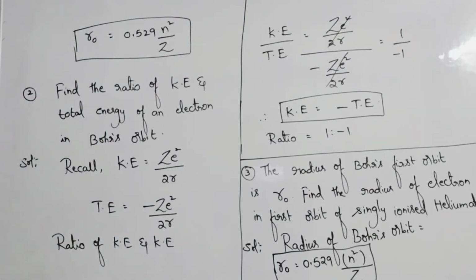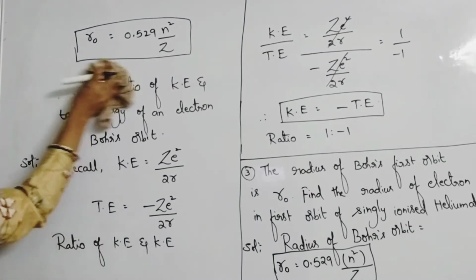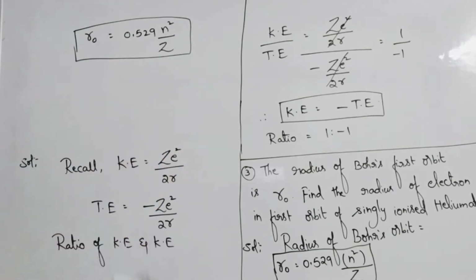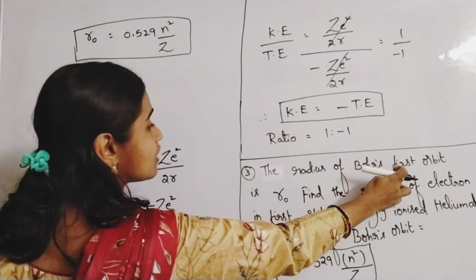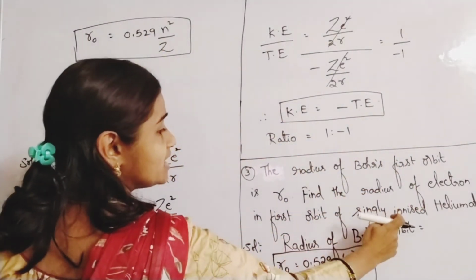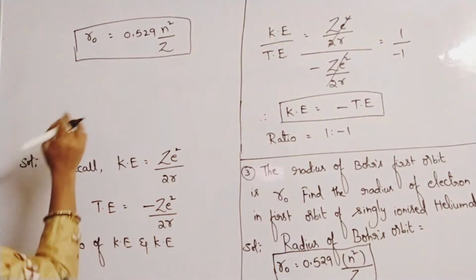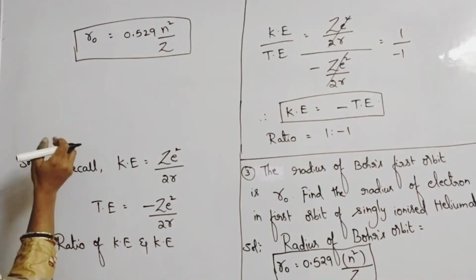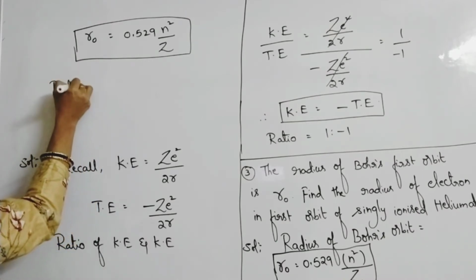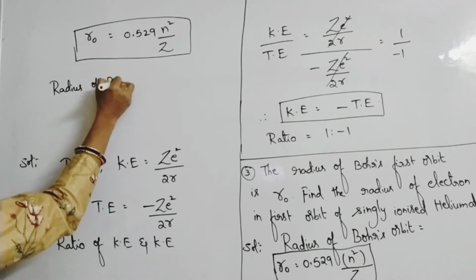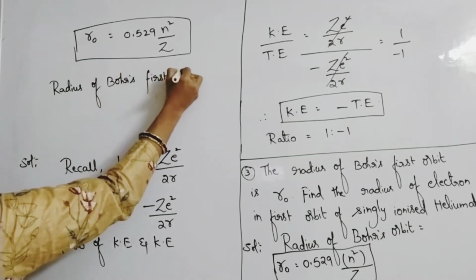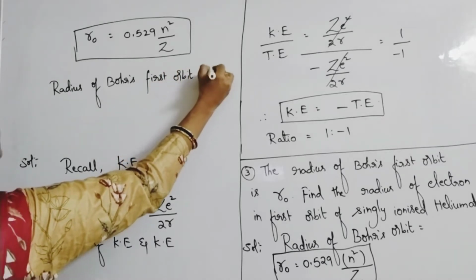Here, for Bohr's first orbit, n is equal to 1.